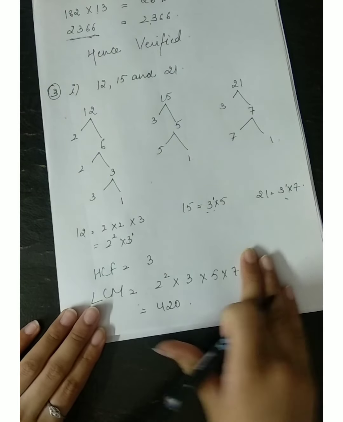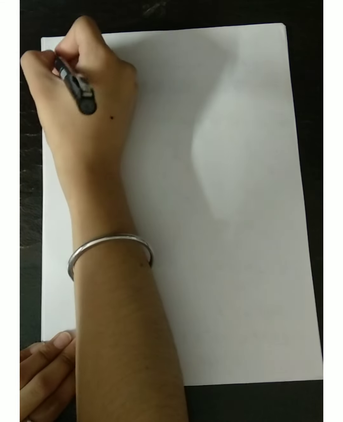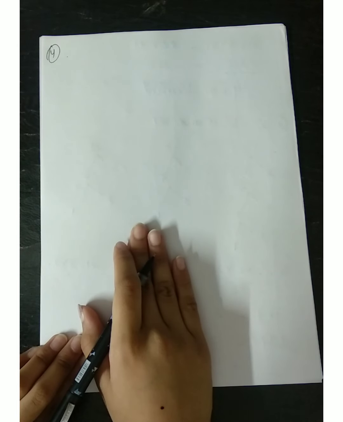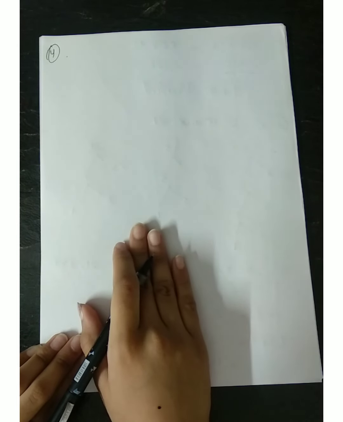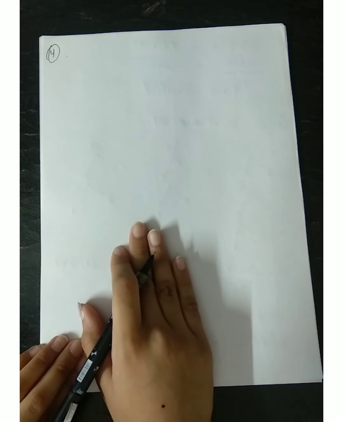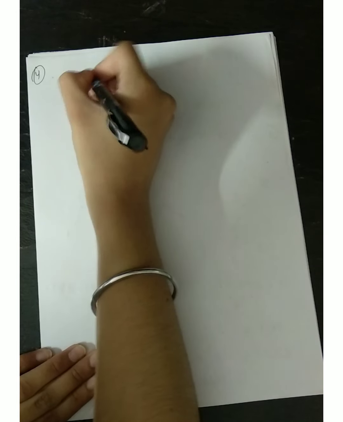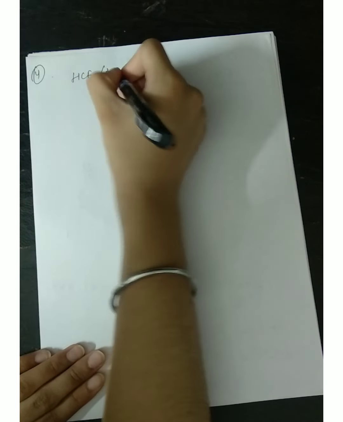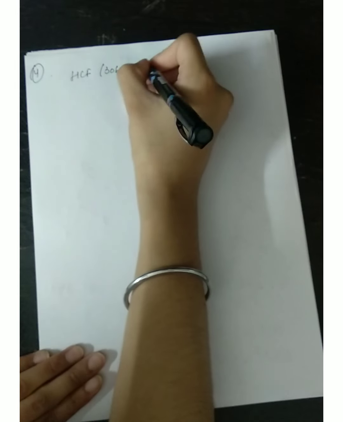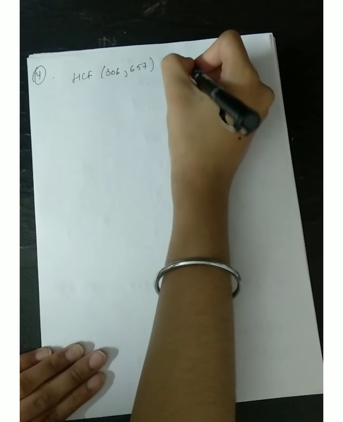So this was our third question. Proceeding to our fourth question, that is, given that HCF of 306 and 657 is 9, find the LCM of the same numbers. Okay, we are given HCF of 306 and 657 as 9.